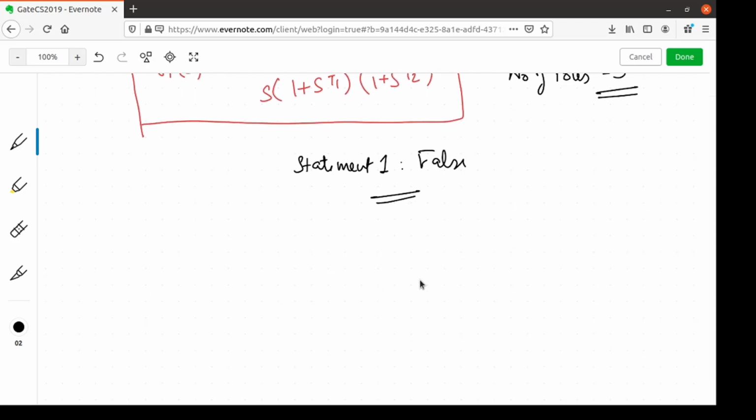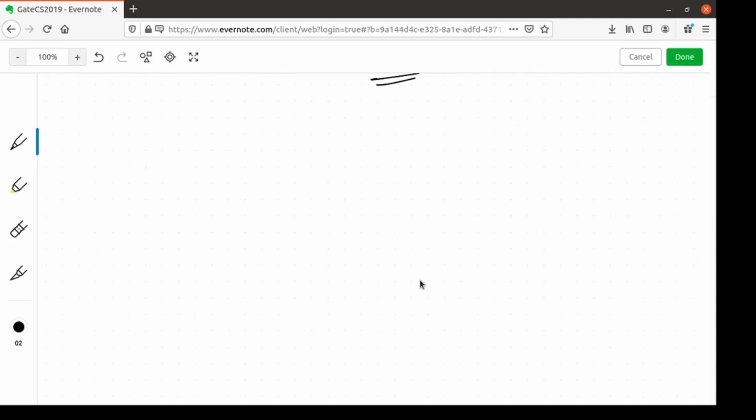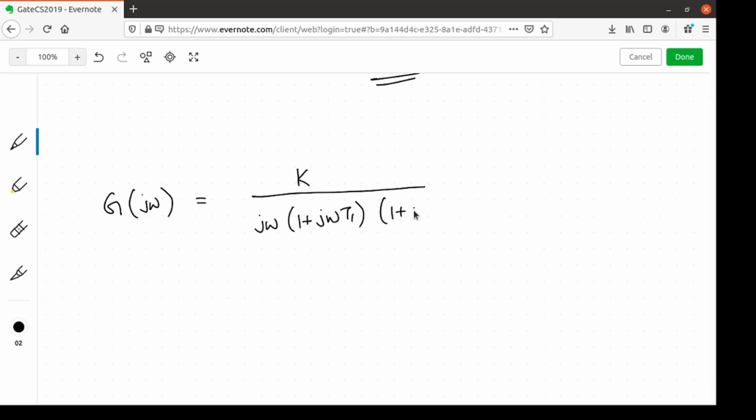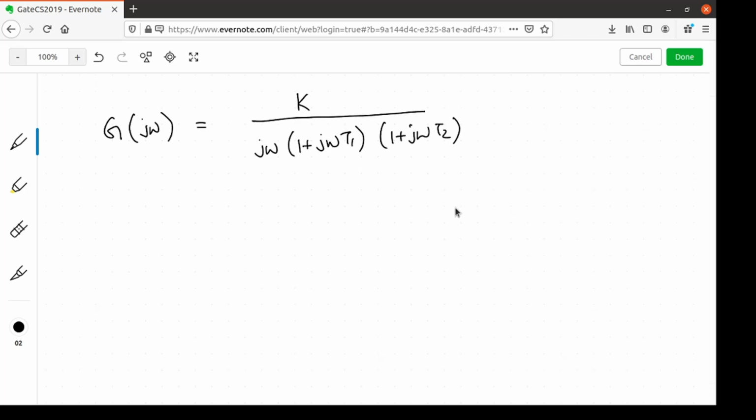As for statement 2, we'll again write the transfer function in its j omega form. So we'll substitute s equals j omega. Then we'll get k over j omega times 1 plus j omega t1 times 1 plus j omega t2. Now let us find the phase of the system. The phase contribution by the constant term is 0.